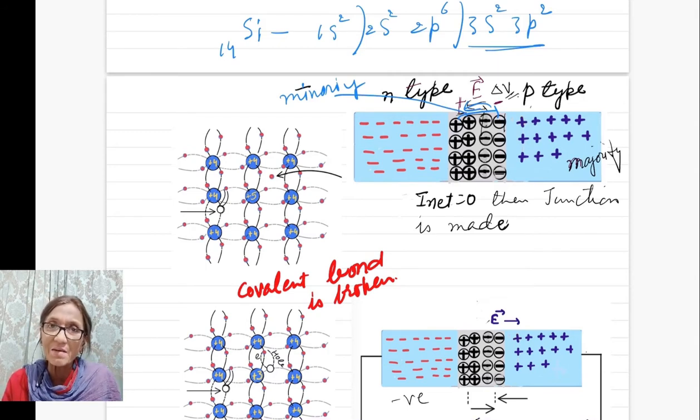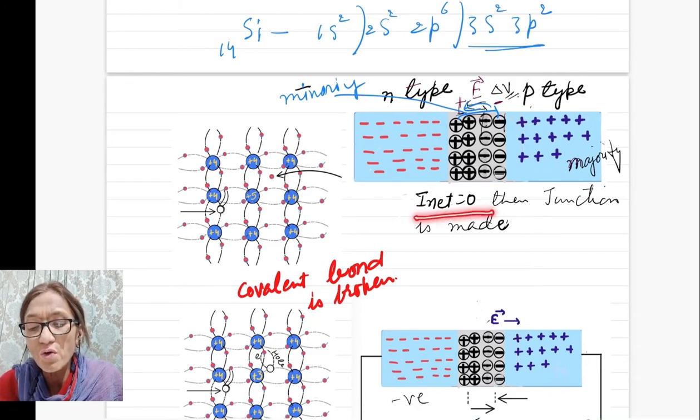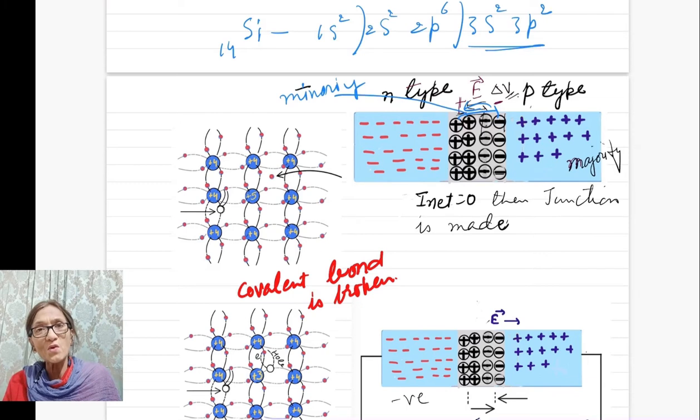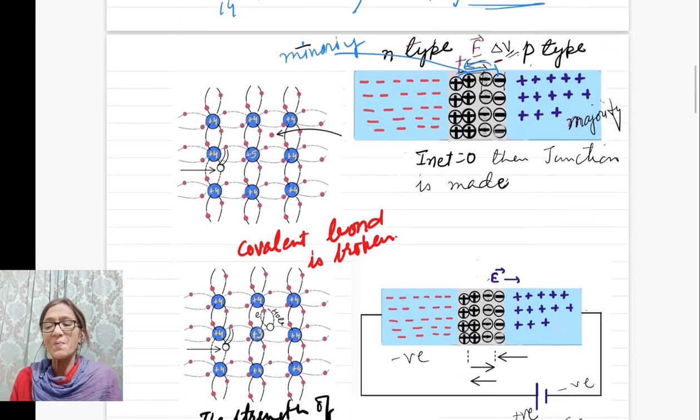When the net current becomes zero, then the PN junction is made. So here the net current is zero, but current is not zero. Current is still flowing: drift current in this direction, diffusion current in this direction. It goes on flowing, but the net current remains zero. So this is your PN junction.